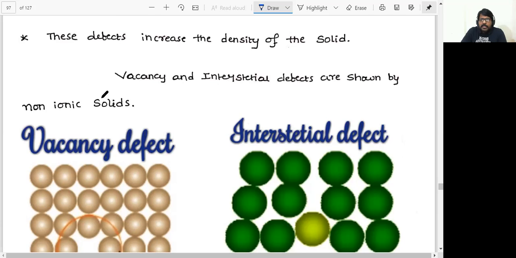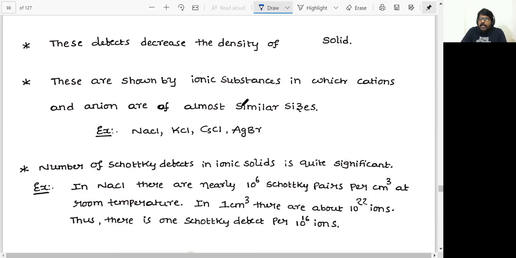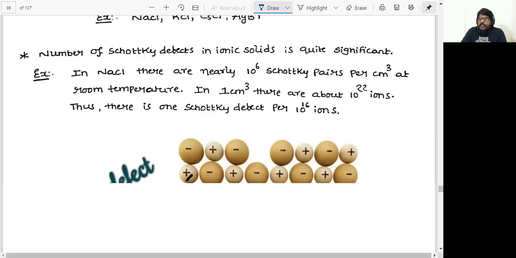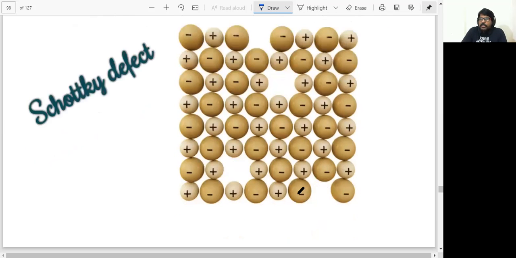So, Schottky defects. In the case of Schottky defects, these are due to the missing of an equal number of cations and anions. Basically, Schottky defects and Frenkel defects are found in ionic solids. Let us understand Schottky defects. If you observe this particular picture, there is a systematic arrangement of constituent particles.